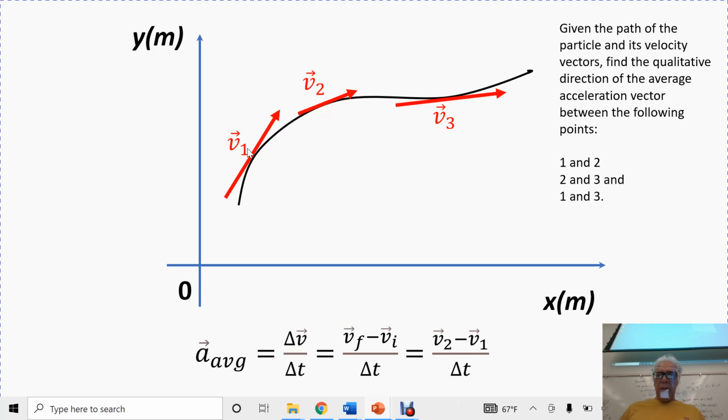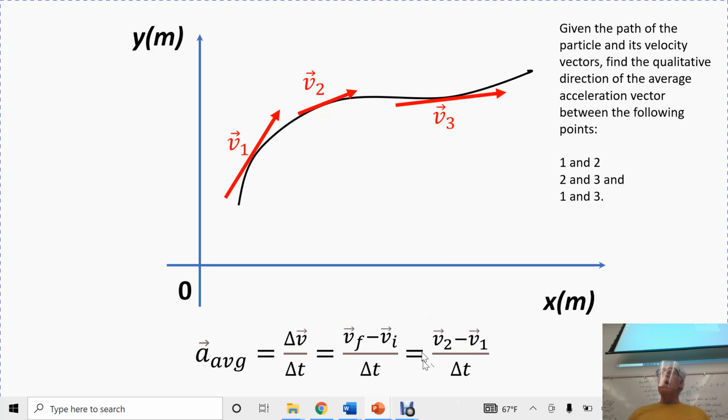Here's the definition: delta v over delta t. I wrote that down for you already, which is final velocity minus initial velocity divided by delta t. Note that the average acceleration vector is parallel to delta v.